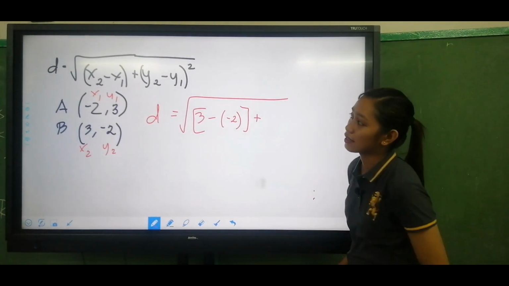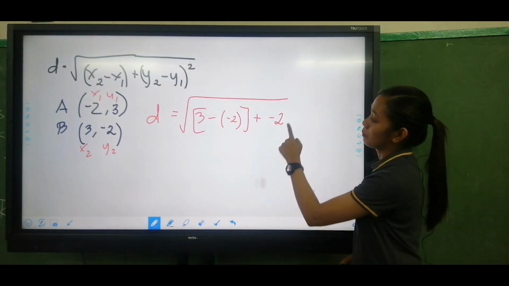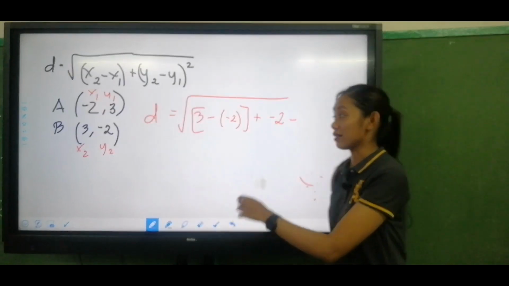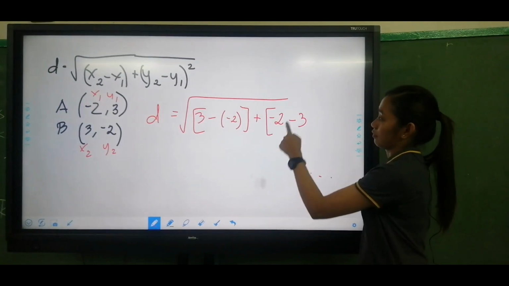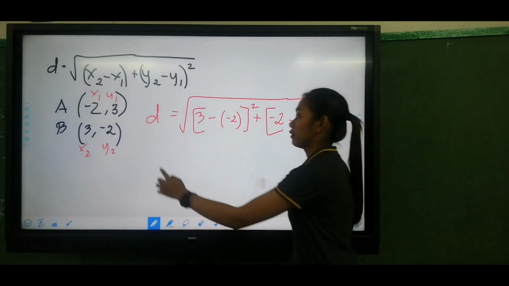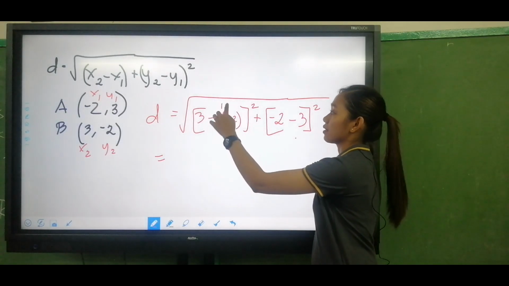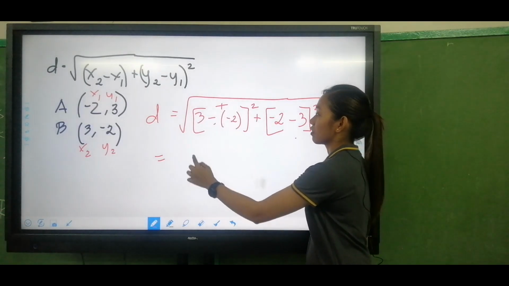Next, plus y sub 2 is negative 2 minus your y sub 1 is 3, squared it both. Next, negative then negative, this will be positive. 3 plus 2 is 5.